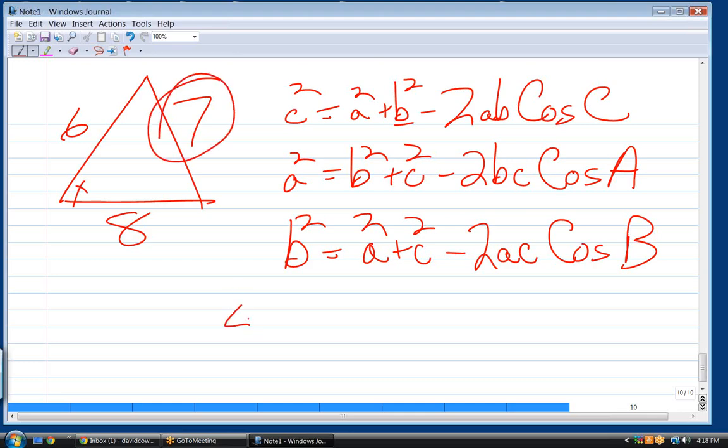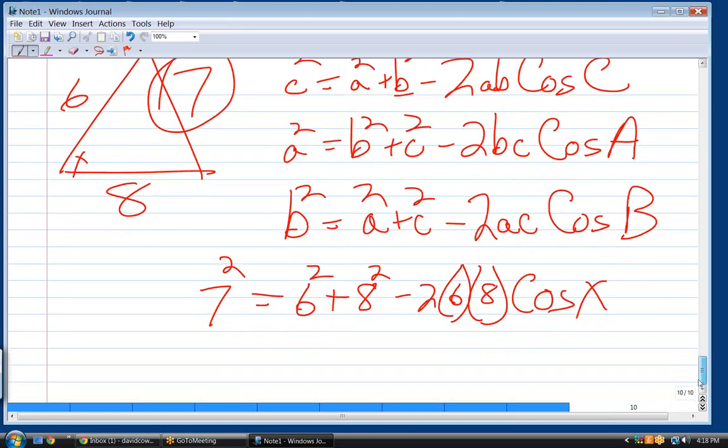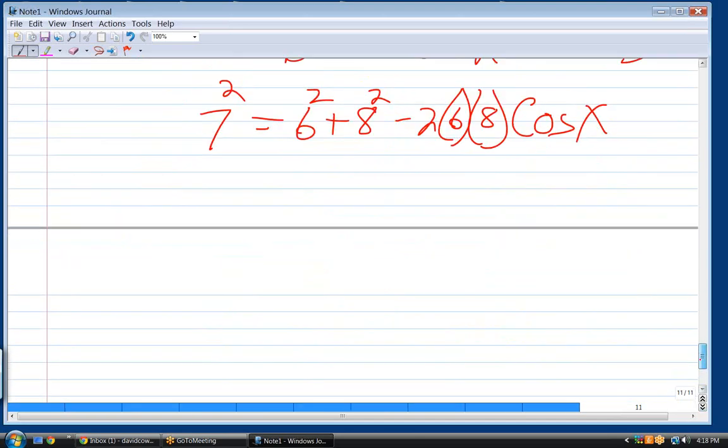I'm going to say 7 squared is equal to 6 squared plus 8 squared minus 2 times 6 times 8 times the cosine of what? Cosine of the angle opposite 7. So x. There you go. Now notice there's only one variable in that equation. This right here.